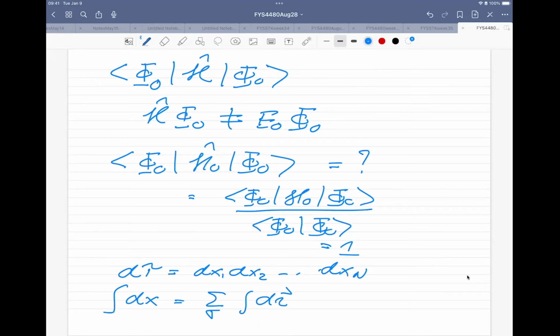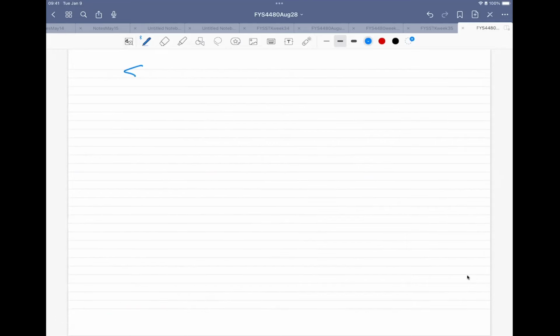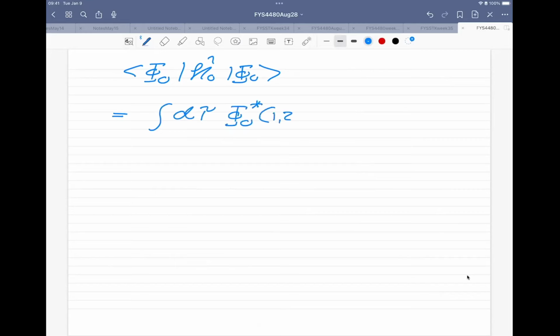Okay, so what we do now is simply to rewrite this integral using this antisymmetrization function, phi 0. This is going to be equal to an integral over d tau, and then we have phi 0. Now I'm just going to use this more compact notation with 1, 2, up to n. Then I have my h0, and then I have my phi 0 of 1, 2, up to n.